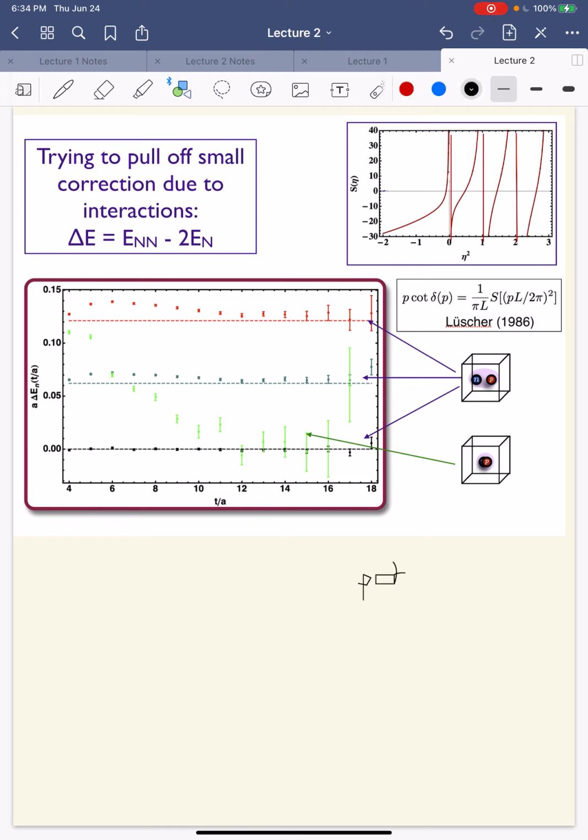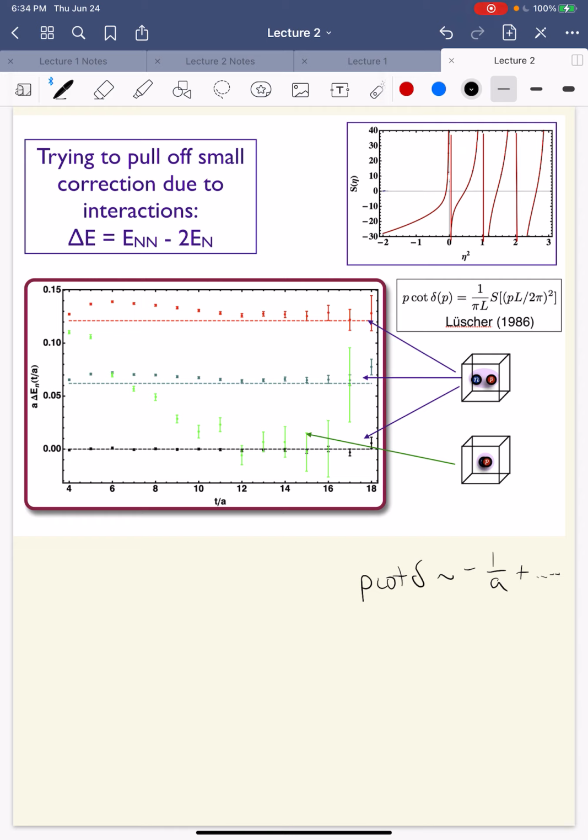oh, I'm in the wrong thing, hang on. So p cotangent delta goes like minus 1 over a plus dot, dot, dot. And when a goes to 0, that means you have no interaction.